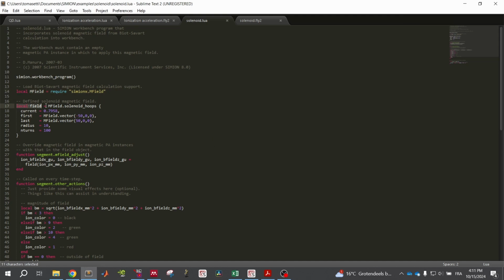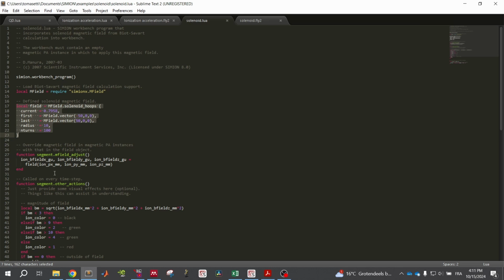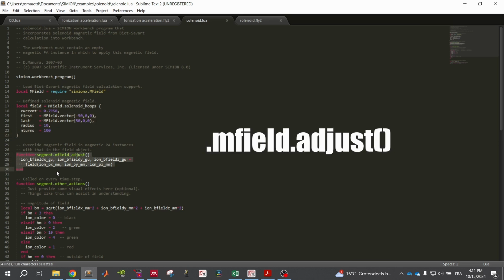By that I mean define all the parameters that will impact your magnetic field: the current, the position, here defined by the beginning position of the solenoid at -50x00 and the end position of the solenoid at 50x00, then the radius and the number of loops. Finally, the magnetic field in the PA is calculated in space using the segment M field adjust.